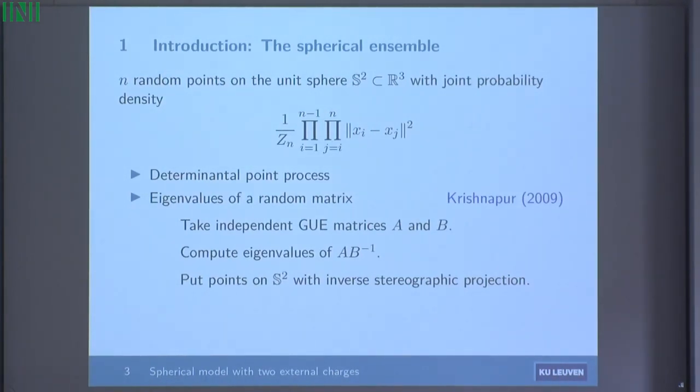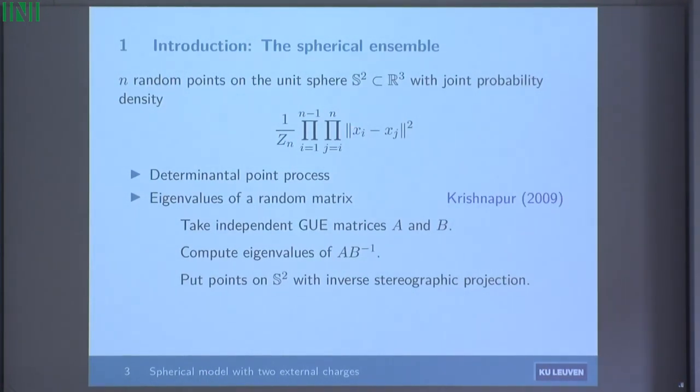It's a very specific problem, how to do it in an optimal way. The spherical ensemble is a natural way to do it in a probabilistic setting. So you take a probability measure on points on the sphere, and this is the probability density here.